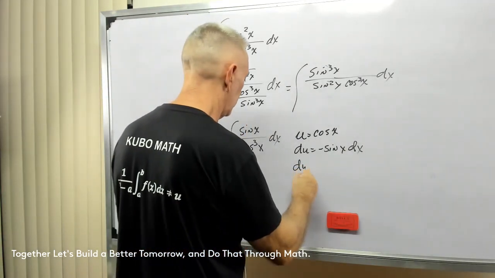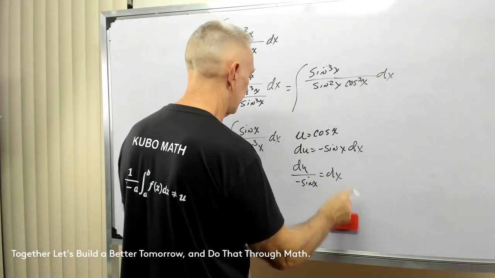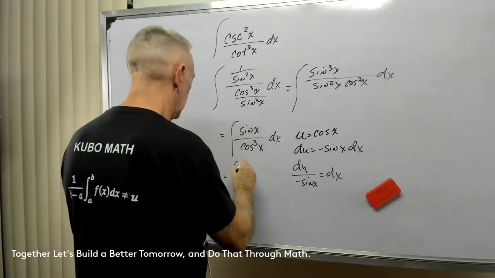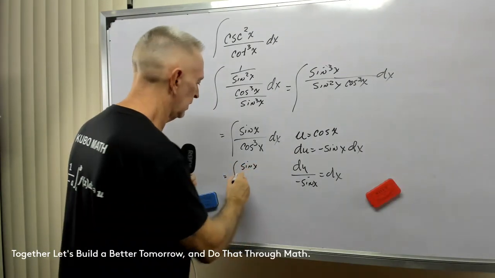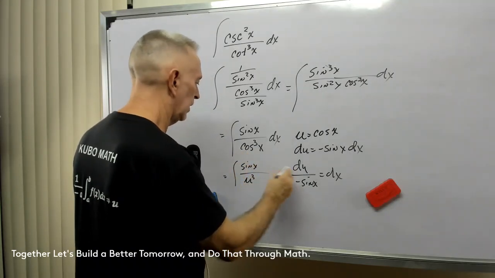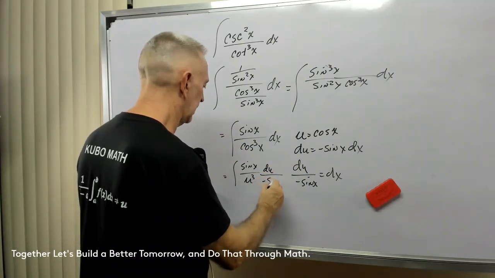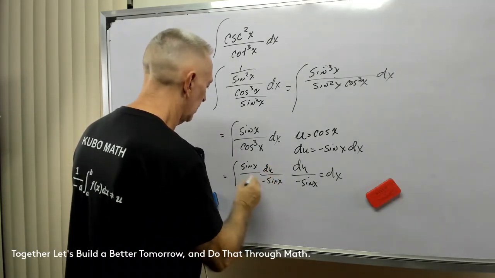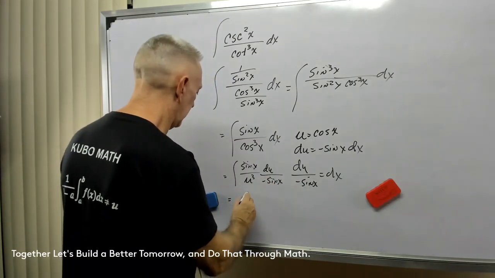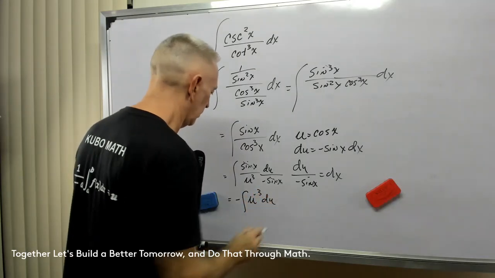So du divided by negative sine x equals dx. So what does that give me? I have the integral of sine x divided by u cubed, and now we've introduced the du divided by negative sine x. Well, sine x cancel. I'm left with a negative, the integral of u to the minus 3 du.